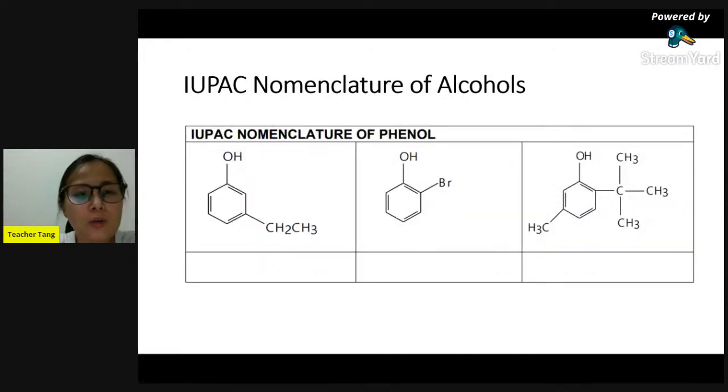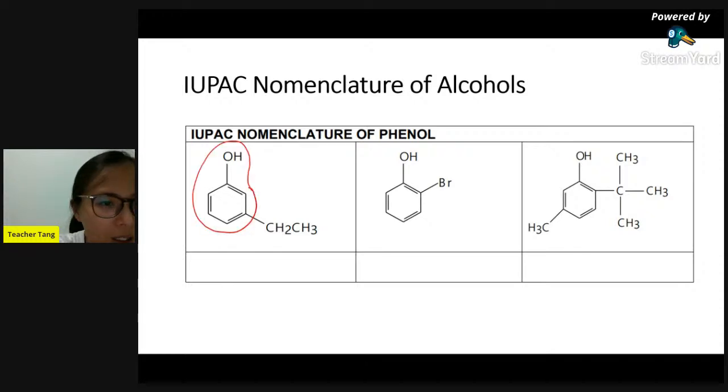Now we move on to look at IUPAC nomenclature for phenol. How do we name the phenol? You have learned this in the benzene chapter. For phenol, first we need to find the parent. This is the parent, the carbon that is attached to the hydroxyl group.